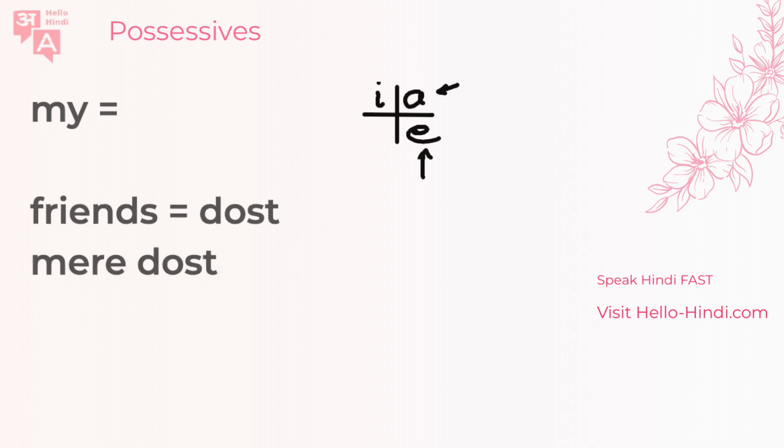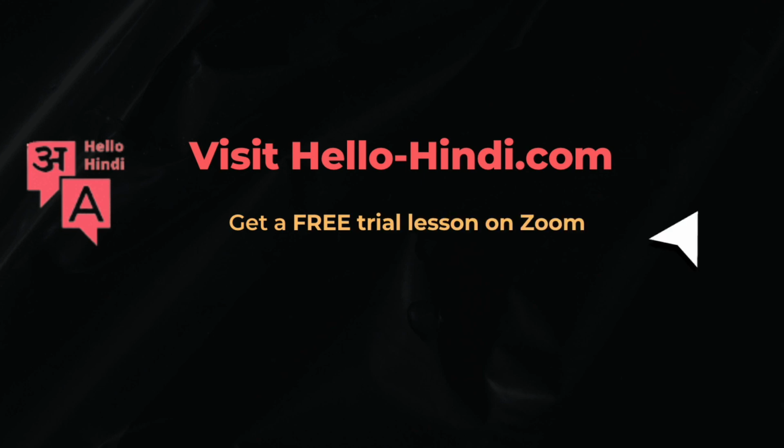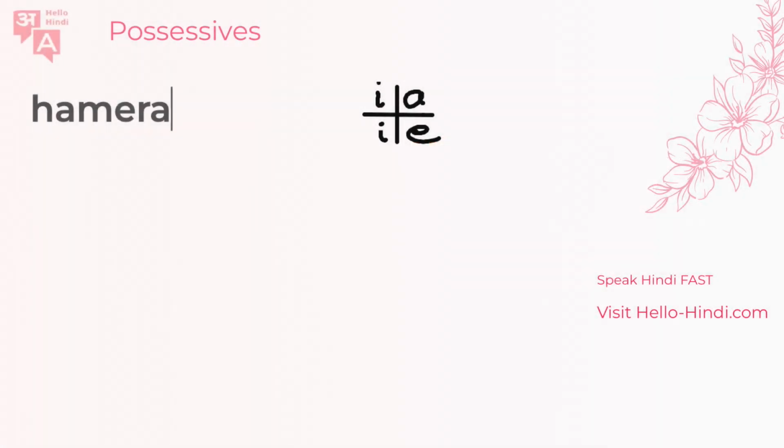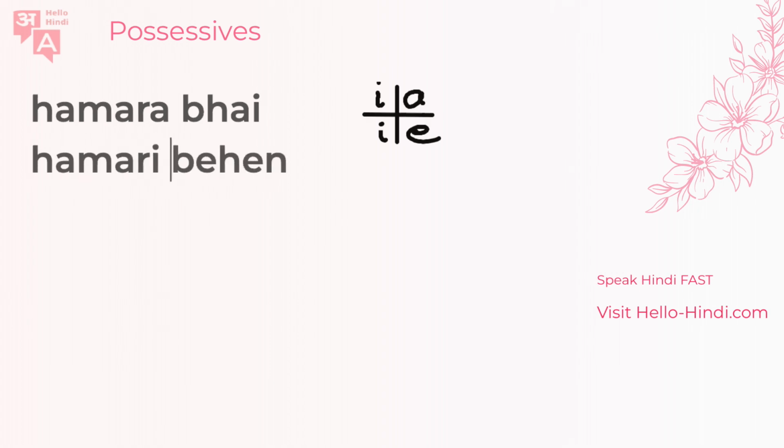So mere dost. Now, because the plural of me is hum, how can we say our? You would think it's hamera. It's almost hamera. You just want to make this hamara. Hamara is our. So hamara bhai, which would mean our brother. How can you say our sister? If the word for sister is behen, you would say hamari behen, right?